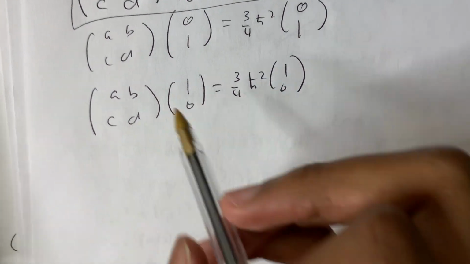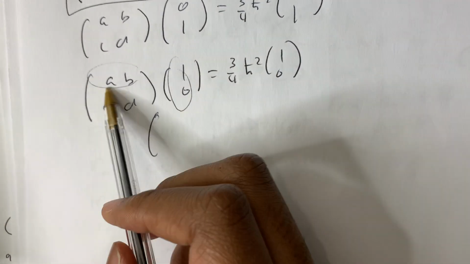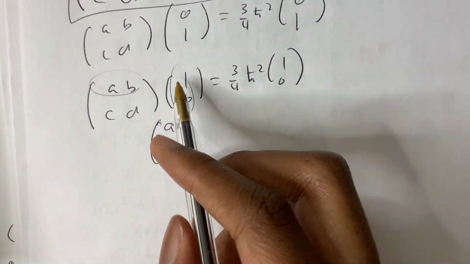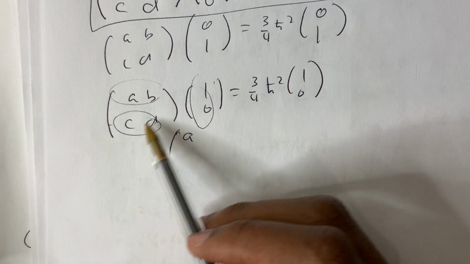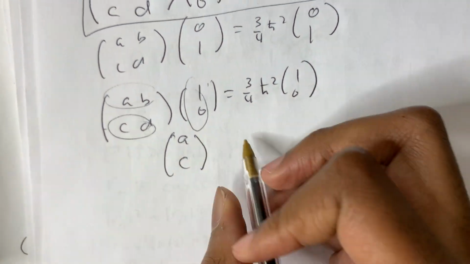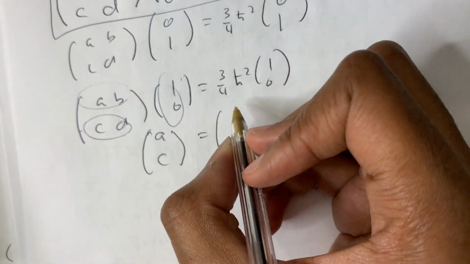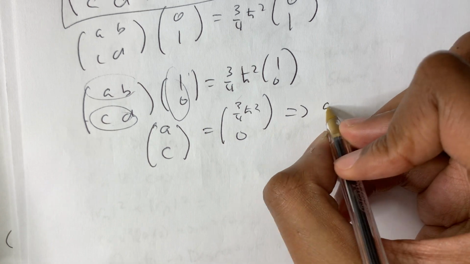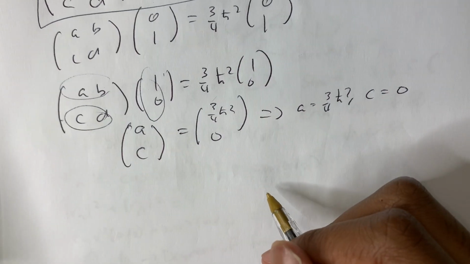Multiplying, a times 1 is a, b times 0 is 0, c times 1 is c, and d times 0 is 0. So (a, c) equals (3 over 4 h bar squared, 0), implying that a equals 3 over 4 h bar squared and c equals 0.